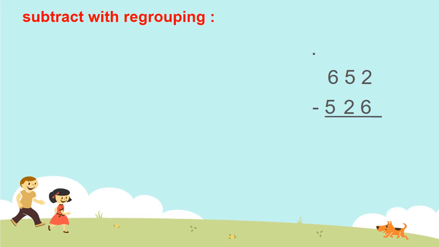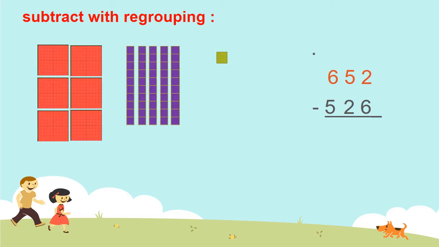Now read this number. It's 652. I'm going to subtract 526. We are going to do the same. We're going to represent the first number. 652. 600 and 1, 2, 3, 4, 5 tens and 2 ones.